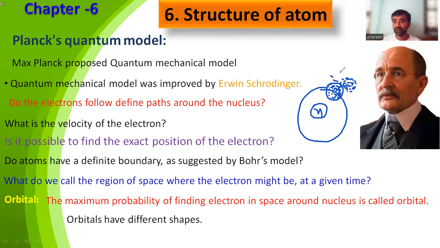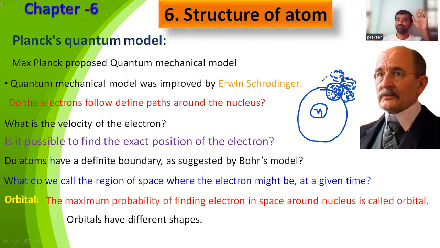If it is given a different shape, we can name these differently. Observing these dots, how many times they are located in the region, photographs are taken using the X-ray diffraction method. By using that method, they named the shape of the orbital.